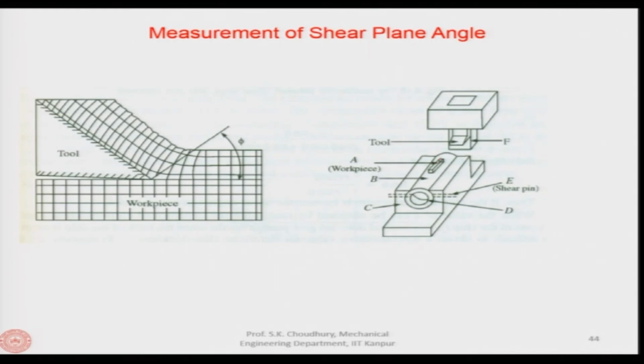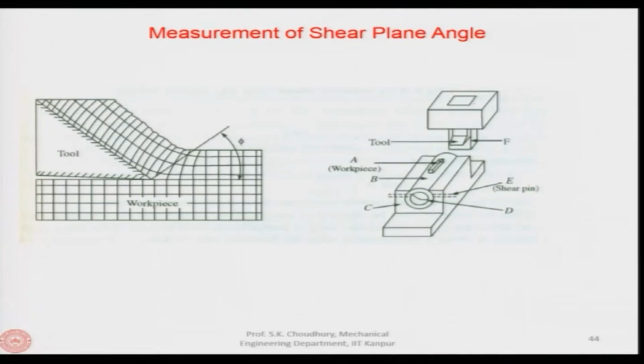On the cylinder there is the workpiece for which you are trying to find out the value of the phi, which is the shear plane angle, and behind this there is a device where you have the tool, and at the back of the tool there is a tongue or a surface, okay. So, if it is moving forward in this direction, the direction of this workpiece, in that case the tool will touch the workpiece before this shoulder, and therefore, as it is coming in contact with the tool, the shoulder is still at the back, it is still not touching this, okay.